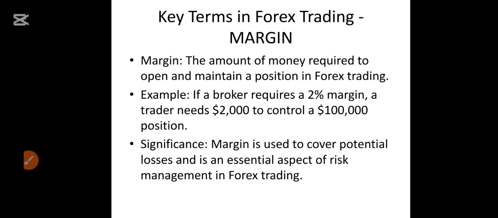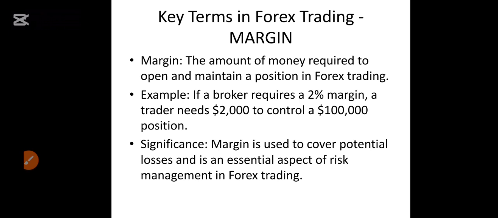Key terms in forex trading: four, which is margin. Margin: the amount of money required to open and maintain a position in a forex trade. Example: if a broker requires a 2% margin, a trader needs $2,000 to control a $100,000 position.